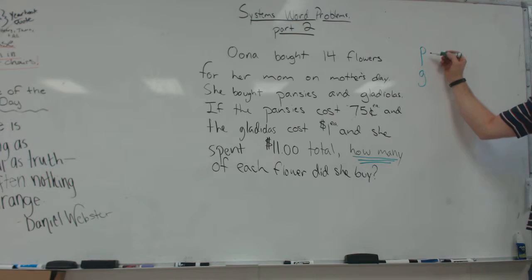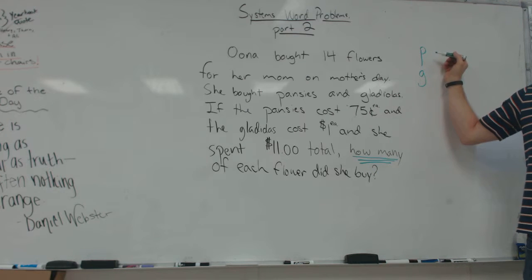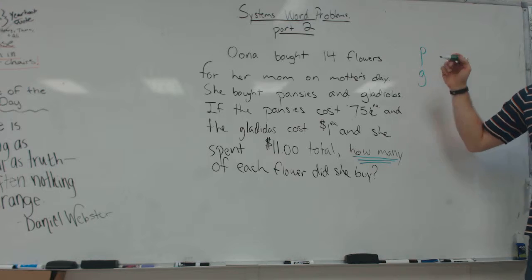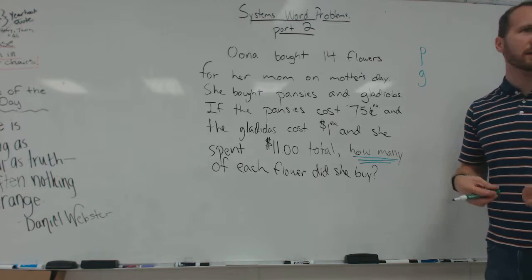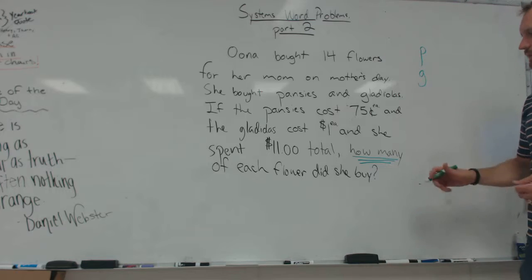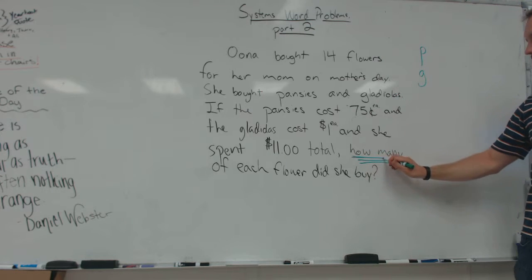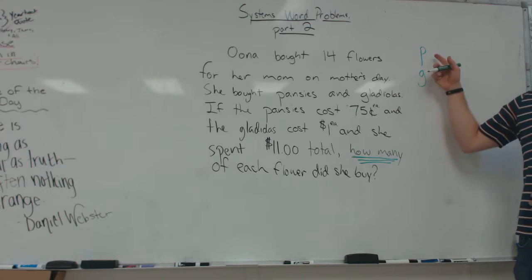But instead of having the variables be the cost, like we did last time, so if I said 2 erasers and 3 pencils cost $5, you would say E is the cost of an eraser and P is the cost of a pencil. In this case, we're looking just for how many gladiolas and how many pansies.